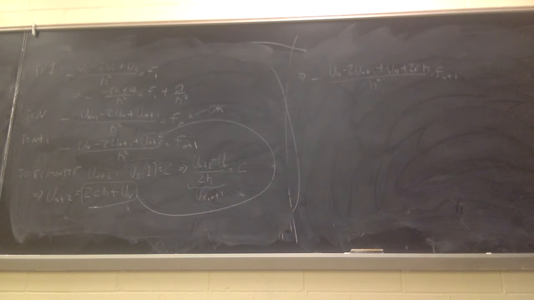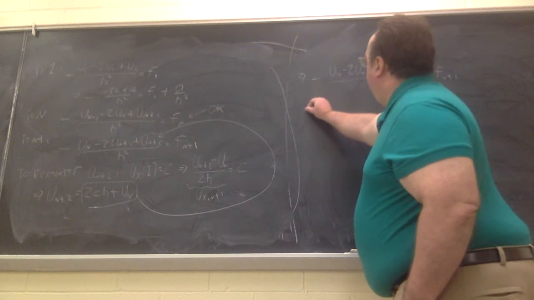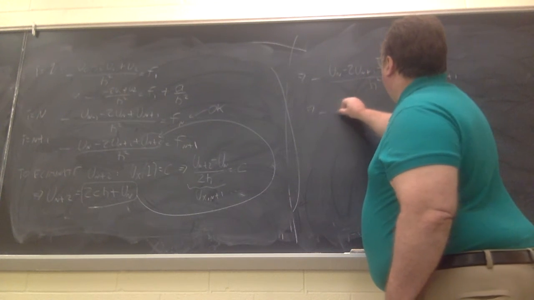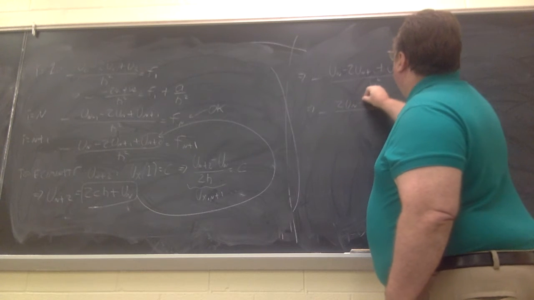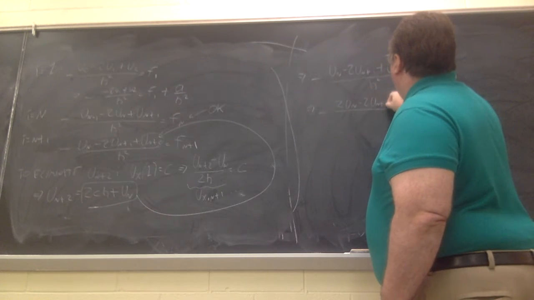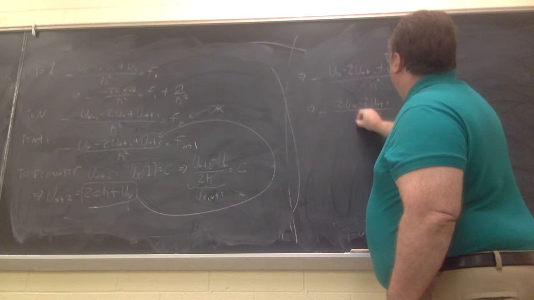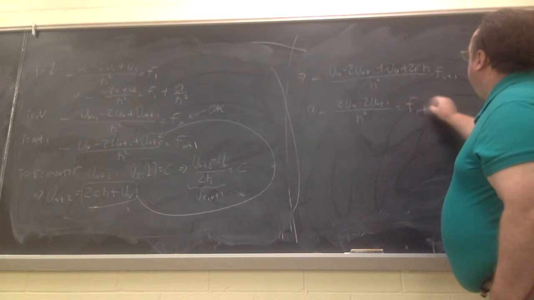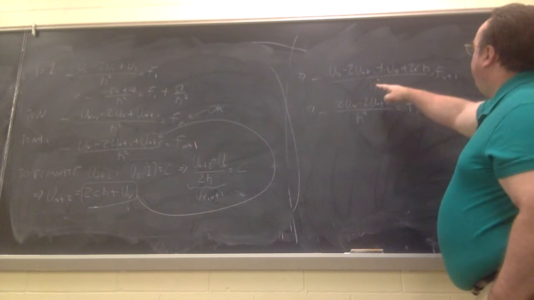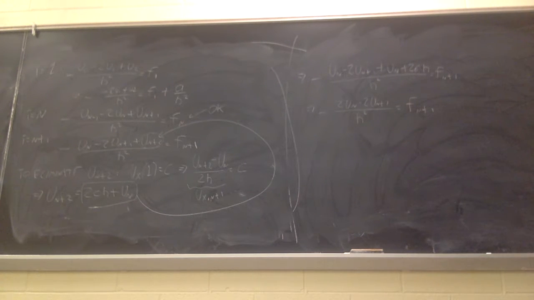But now what I do is I combine the like terms. So I have minus out front, so I add these together. So now I have 2un minus 2un plus 1 over h squared. And then this term, 2ch over h squared, I'm going to move to the other side.